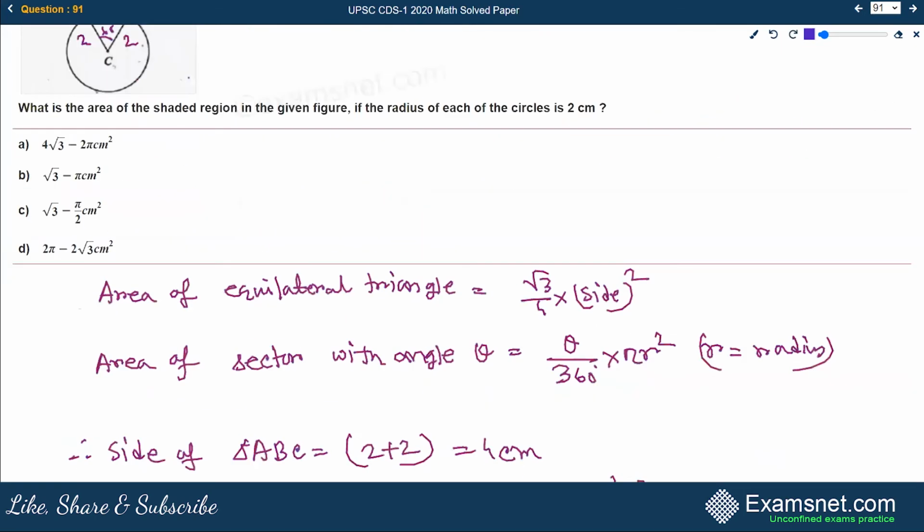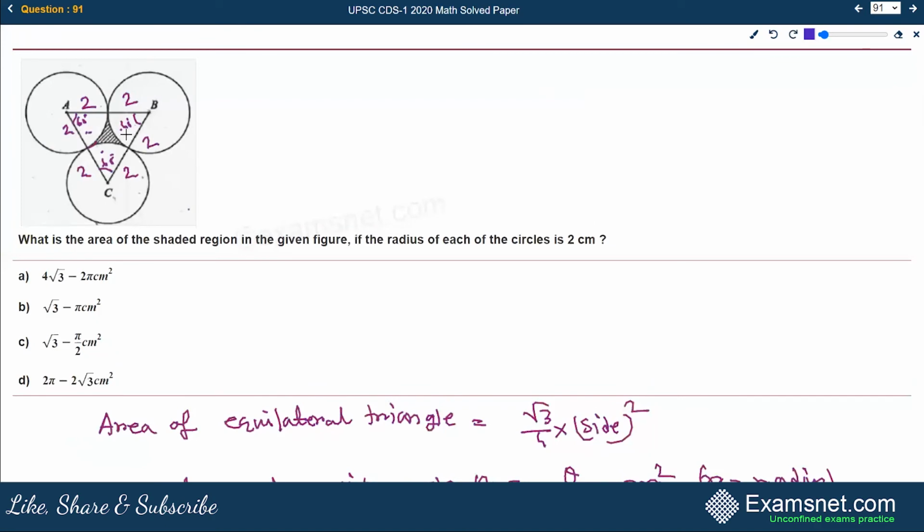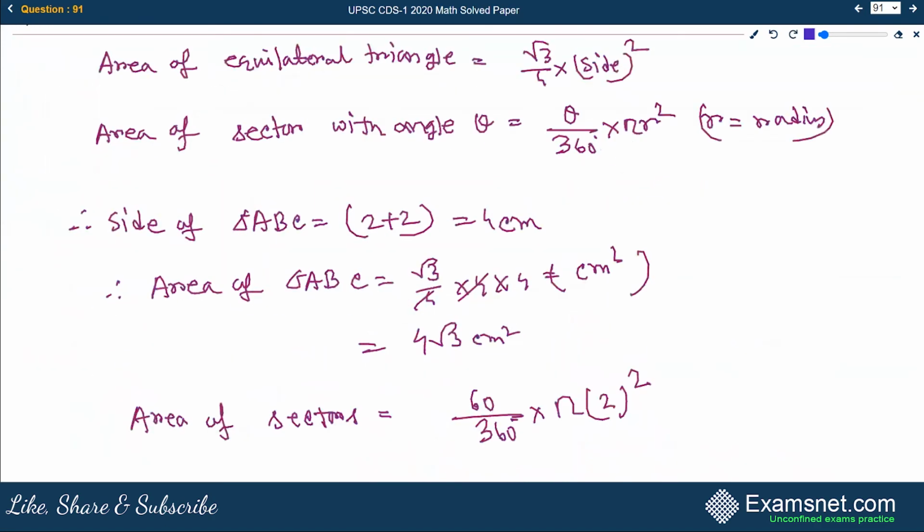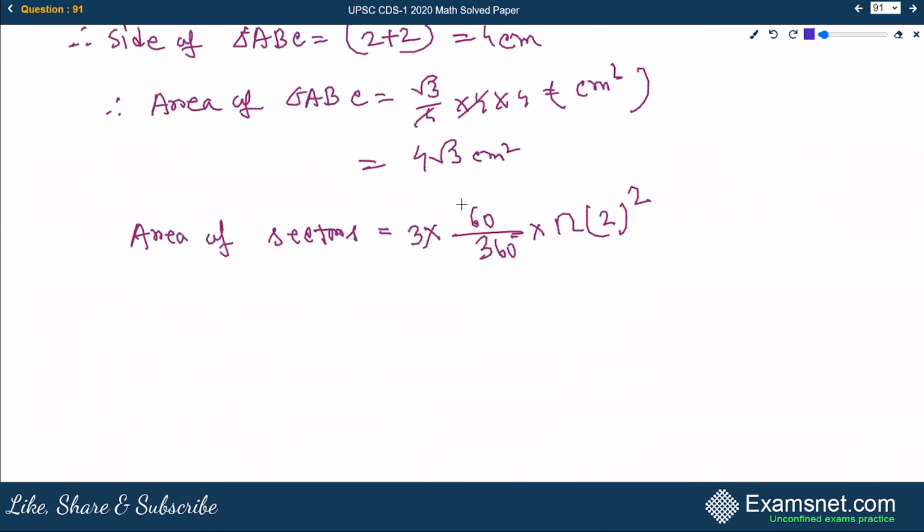Now, how many such sectors are there? 1, 2, 3. 3 such sectors are there. So we will find the total area, we will multiply it by 3, that is also centimeter square. Now 6 and 2, that means π times 2, so it becomes 2π centimeter square.